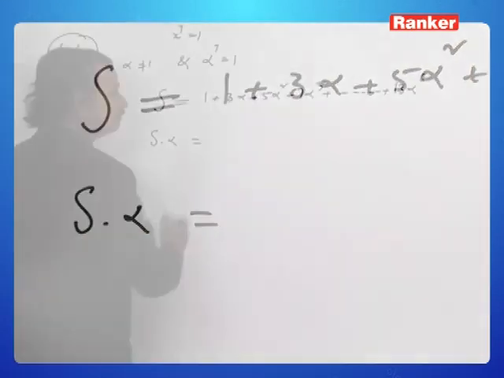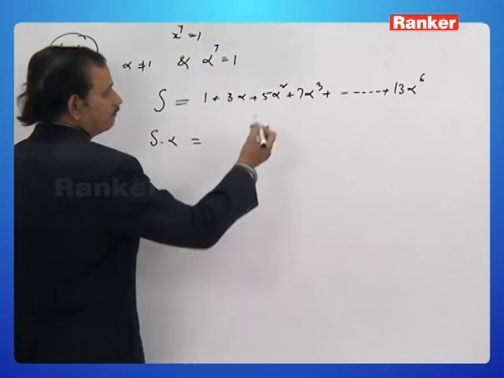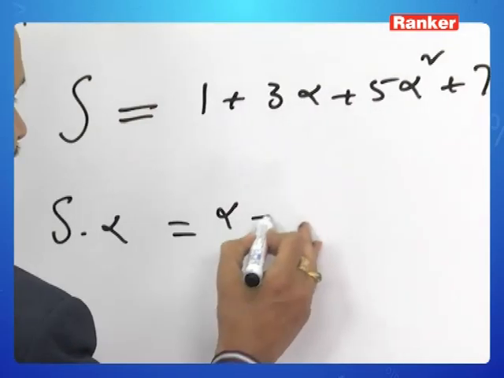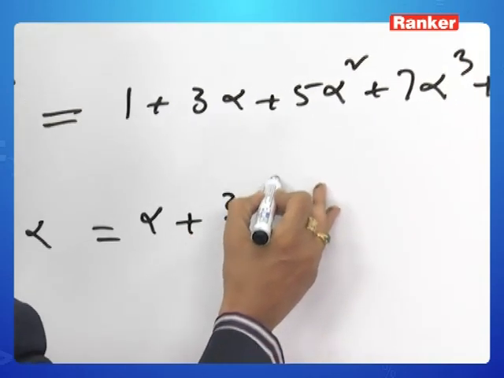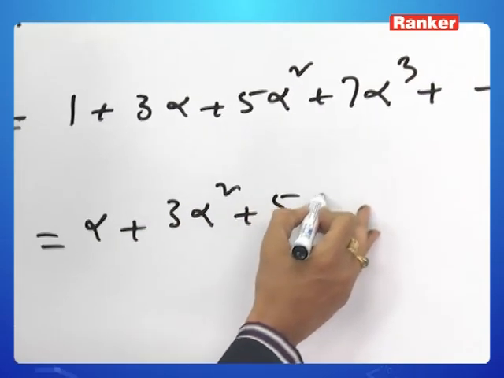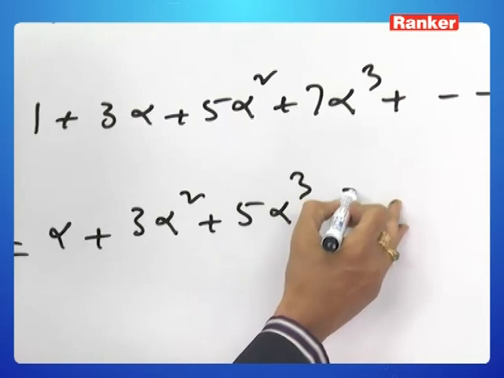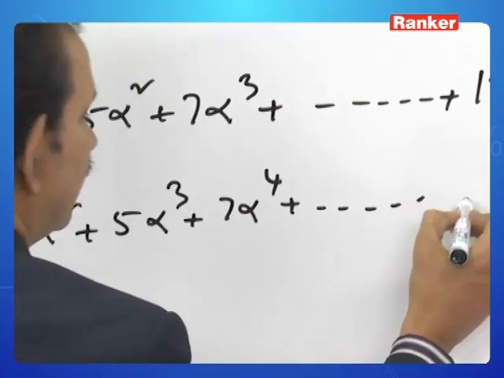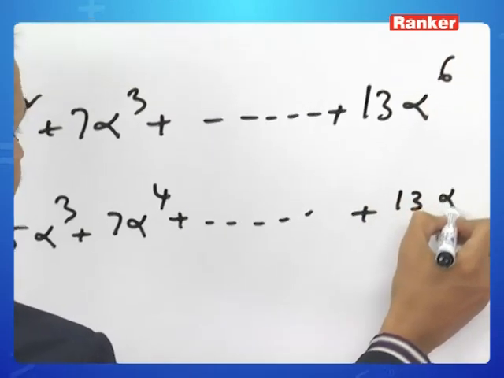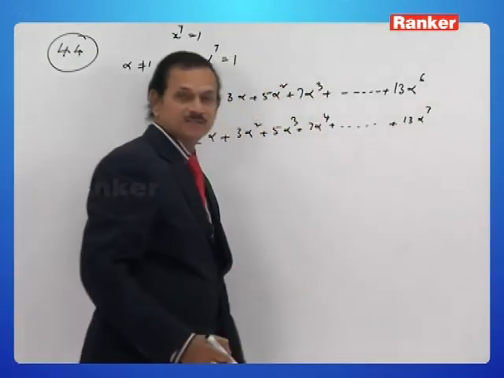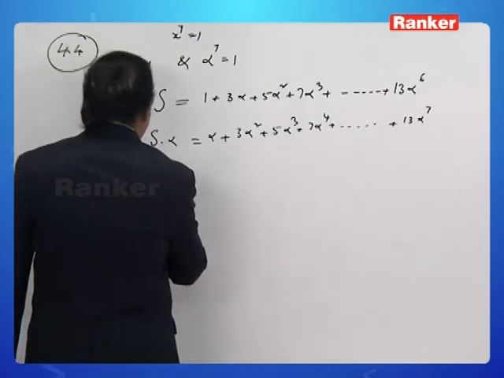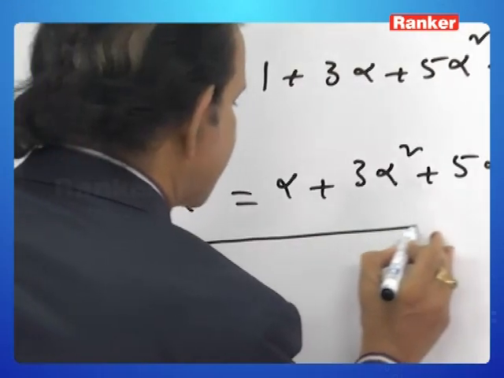Multiply on both the sides with alpha. We get alpha plus 3 alpha square plus 5 alpha cube plus 7 alpha power 4 and so on, up to 13 alpha power 7. Am I correct? Good.